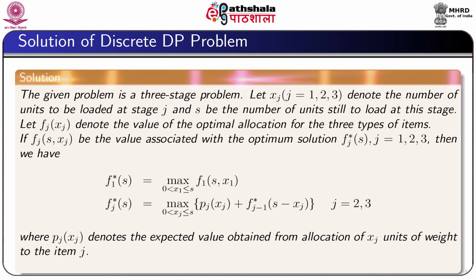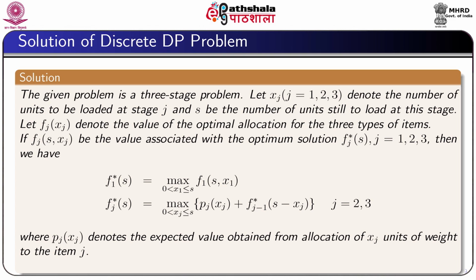Here we have to determine how many units of the 3 items, item 1, 2 and 3, to be loaded. So, it is a 3-stage problem, and we assume xj as the number of units to be loaded at stage j, and s be the number of units still to load at this stage.